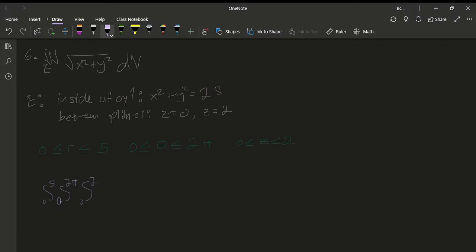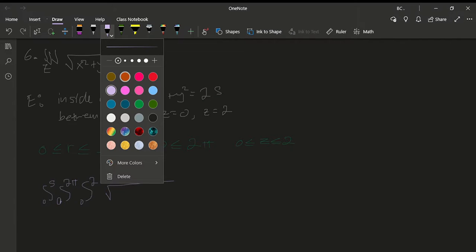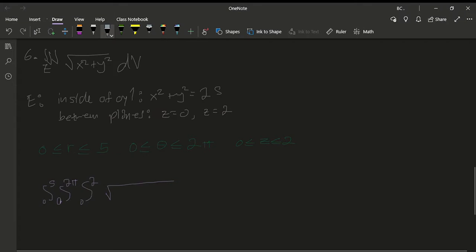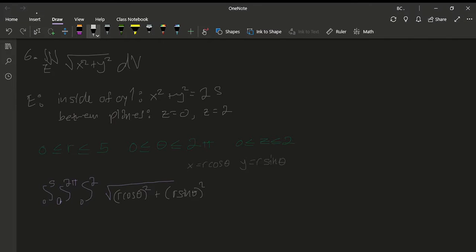And so we're going to do the square root of, well, remember that x equals r cosine theta and y equals r sine theta. So we have the square root of r cosine theta squared plus r sine theta squared.